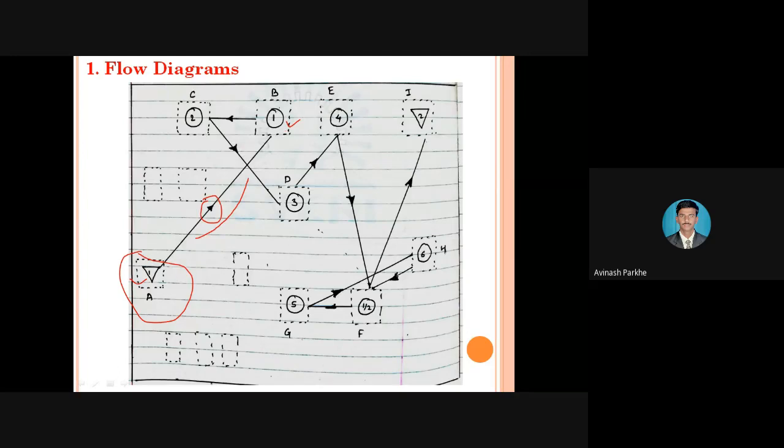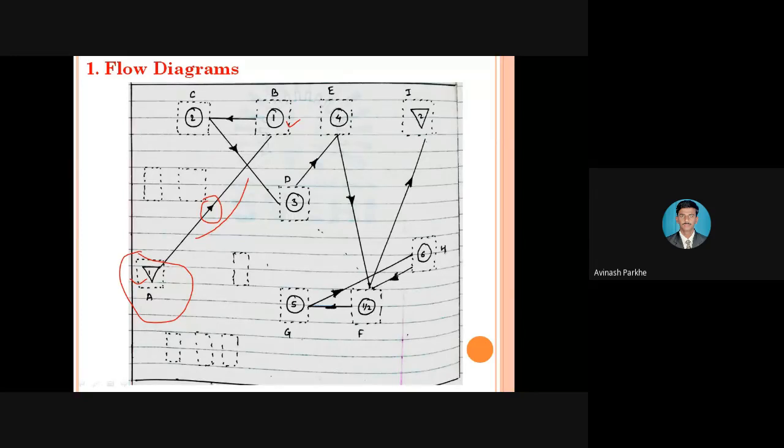Then at point B, one circle is represented, and at the center one is represented. Circle means the operation is performed on that material. Point A means storage, the component is in the store department. From this store, it is moving to machine number 1, which is represented by operation number 1, that is, one circle along with an arrow.